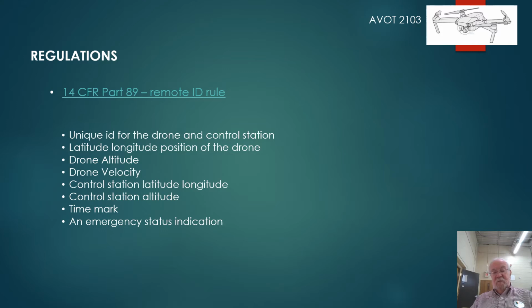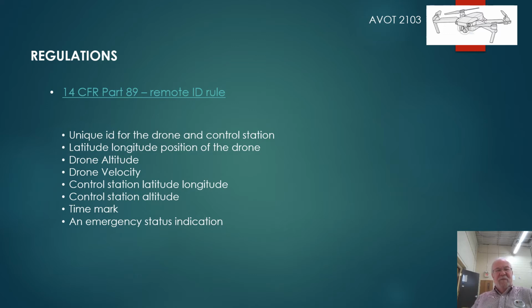Drones to be used commercially to deliver packages and cargo, you need to be able to keep track of them and integrate them into the system. So the Remote ID rule is a first step so that they can keep track of who's flying where and what. It's not only enforcement, but also a way to start to develop a means of keeping track of all these drones across the country as they're flying here and there.